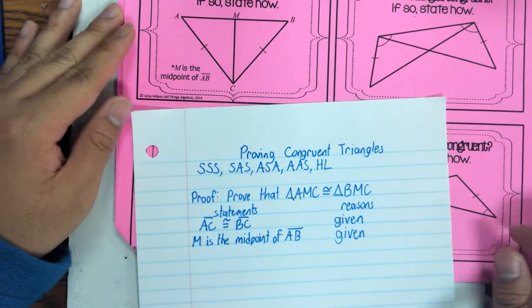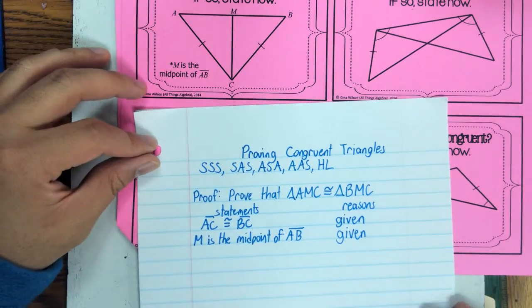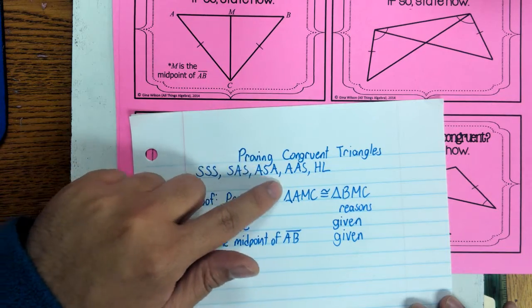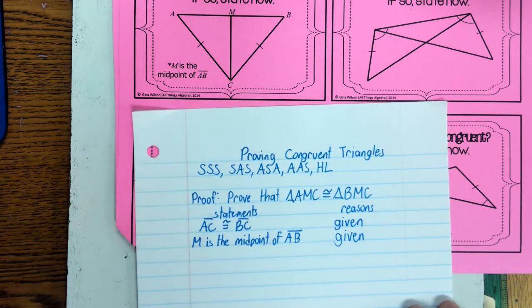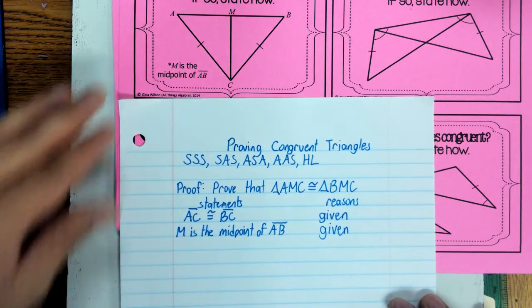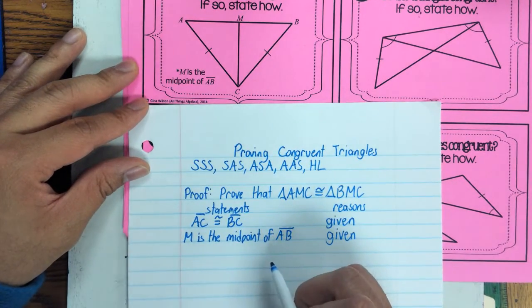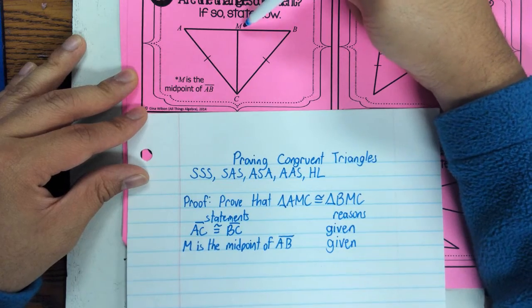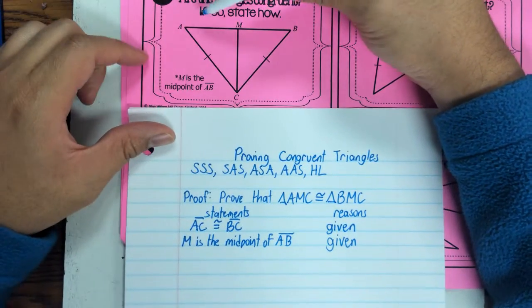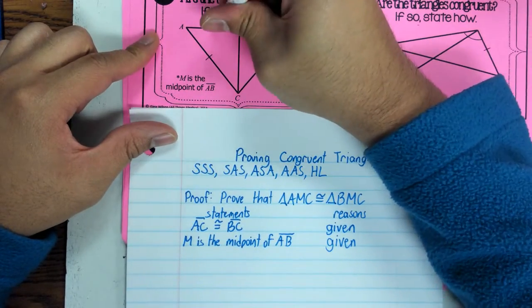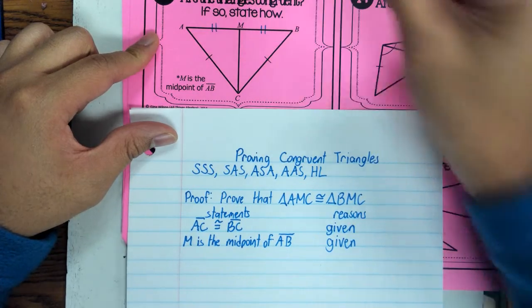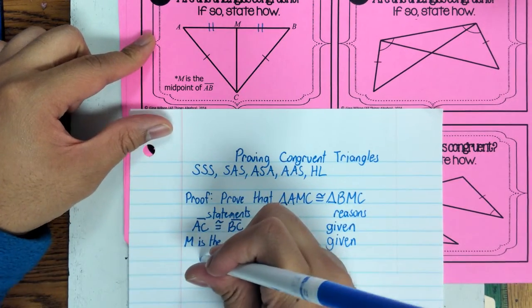So with this information, start thinking, which of these 5 statements could potentially help us to prove that these triangles are congruent? Which of these 5 are we using? So going off from what they told us, M is a midpoint. Right here, M is a midpoint. That means AM has to be congruent with MB. That's what midpoints do.